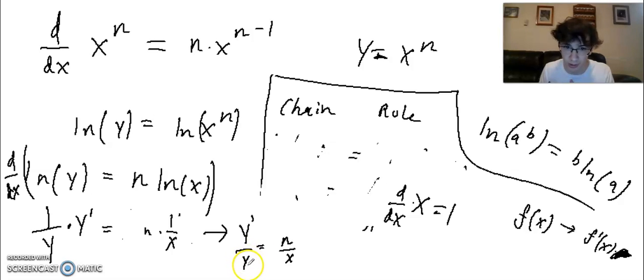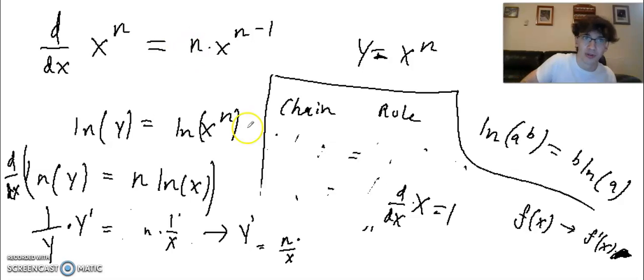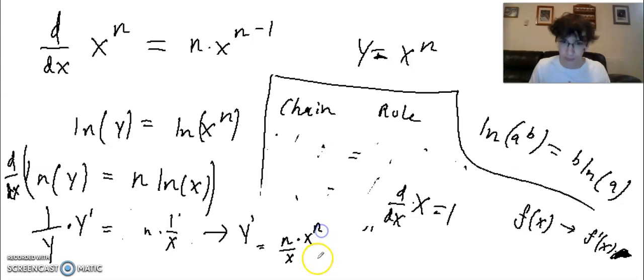And if we multiply y over, we get n y over x equals y prime. And well, we know y equals x to the n, so let's plug that back in, and we're almost done with our proof. We have y prime, the derivative of y, equals n times x to the n over x.